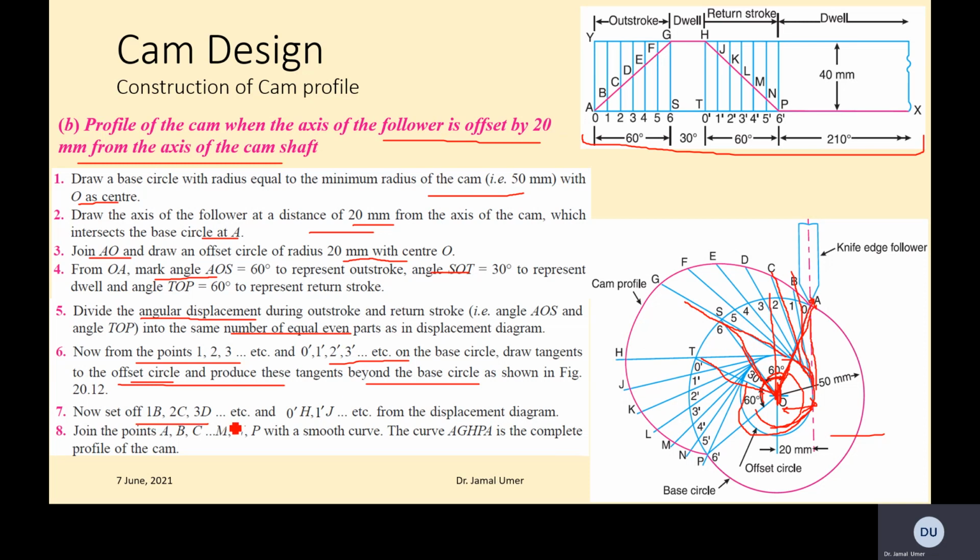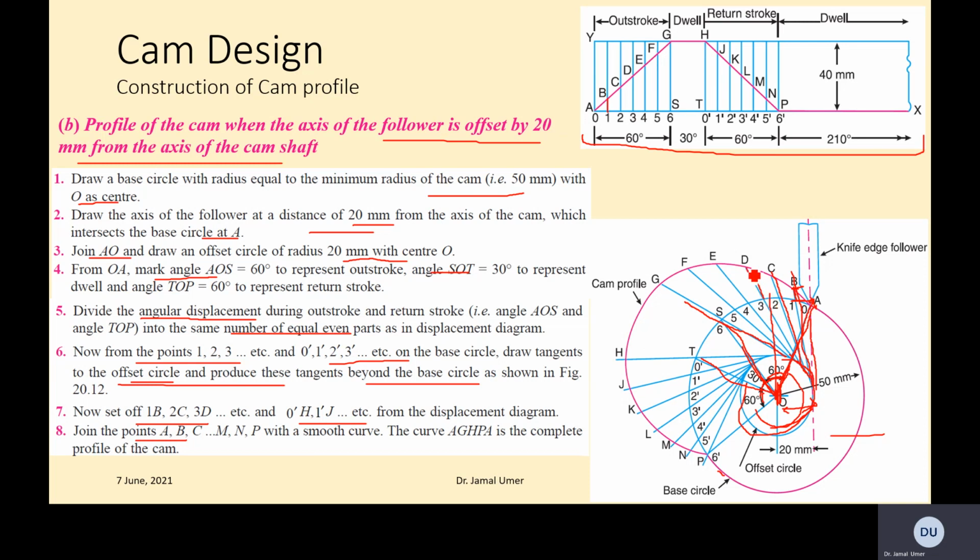Now set off 1b, 2c, 3d, and this one from the displacement diagram. Join the points A, B, C, D with a smooth curve, right? So because this distance 1b must be measured from the base circle, we have drawn with reference to the offset circle, but we still need this distance measured from the base circle, nothing to do with the offset circle now.